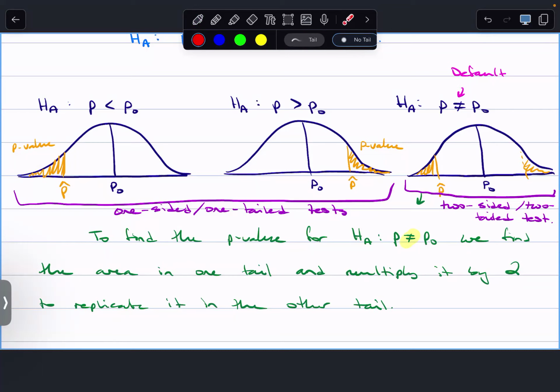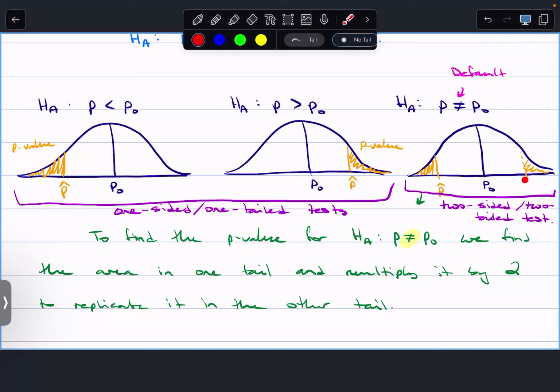Okay, good. Why is it the default? Let's think about that. We said, if the area in the tail, the p-value, is small enough, then we can reject the null hypothesis and say it's more likely that the alternative hypothesis applies, right? And so now, if I find the area in one tail and then multiply it by 2, I'm making that p-value bigger, right?